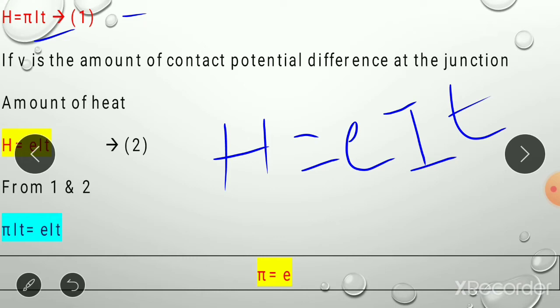Now observing equations 1 and 2, we get pi I t equals E I t. I t cancels on both the LHS and RHS, leaving pi equals E. That is, the Peltier coefficient equals the EMF developed at a junction. This is the relation between the Peltier coefficient and EMF.